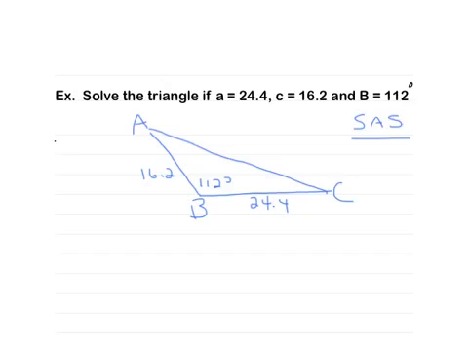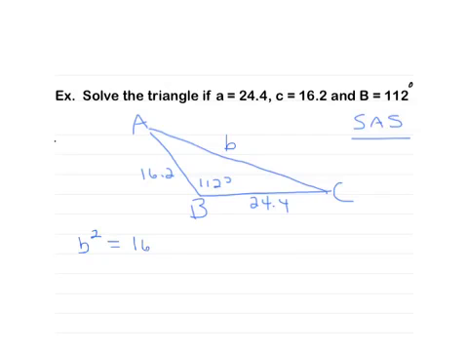If you look at it, I have angle B, and I can find side b first, using the law of cosines with the b squared, because that's the one I'm going to find. And once again, don't get caught up in the letters. What you want to do is look at the pattern.